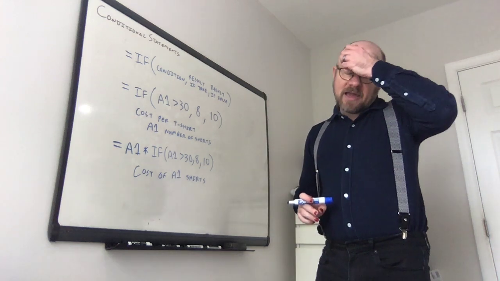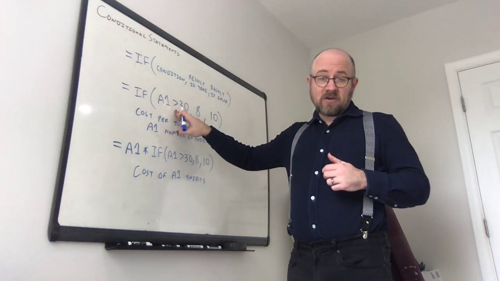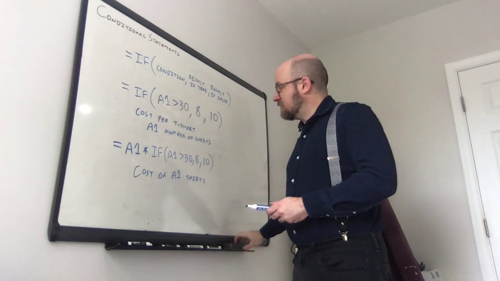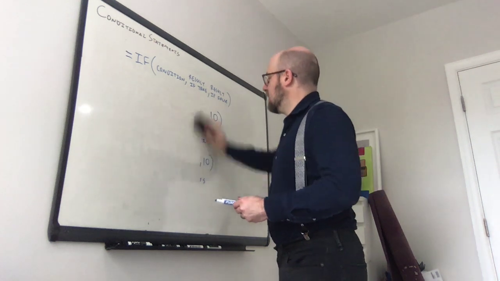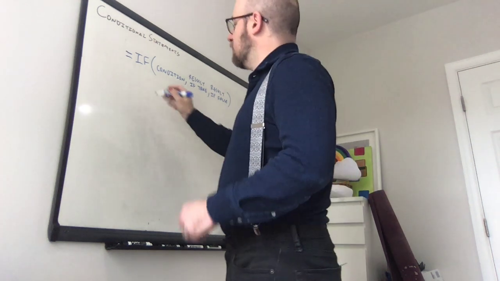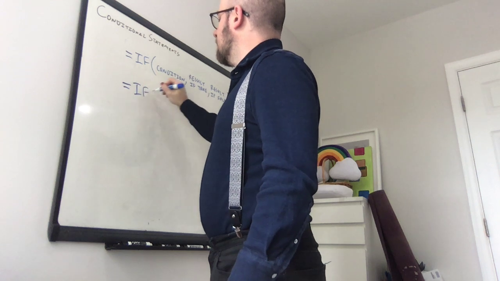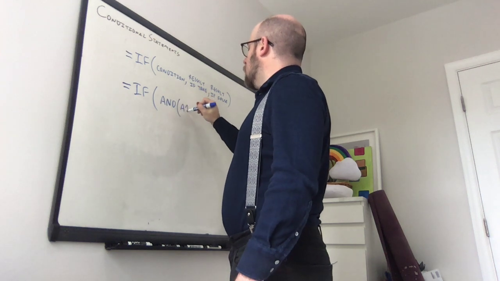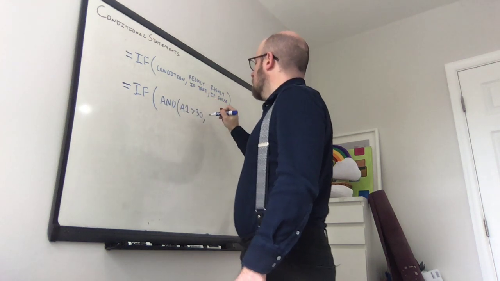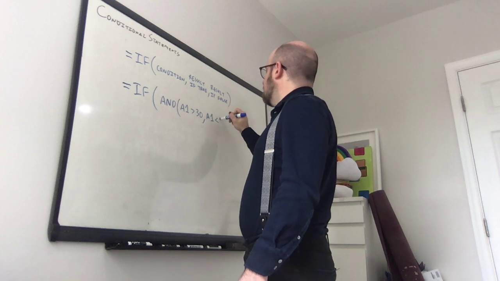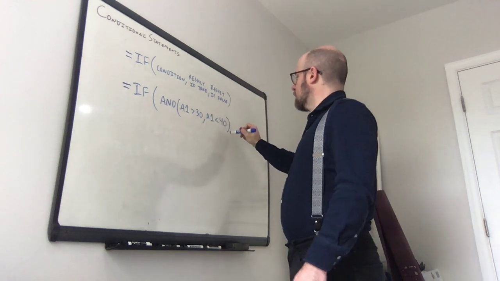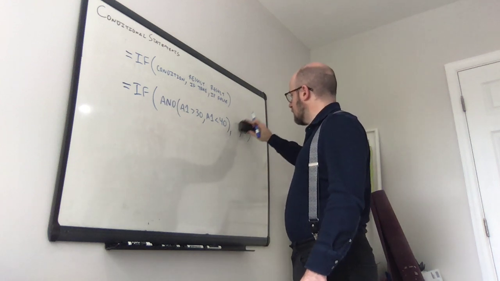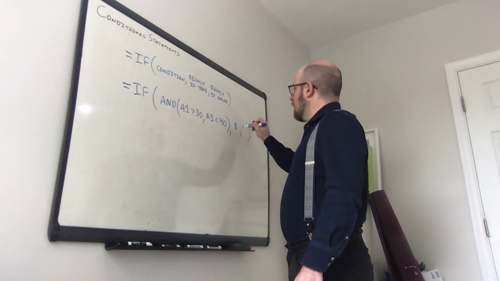You can also combine our conditions. We can put things together with and. These are logical statements in Excel. And so there's an and function in Excel. So you could do something like if and A1 greater than 30, A1 less than 40, 8, comma 10.